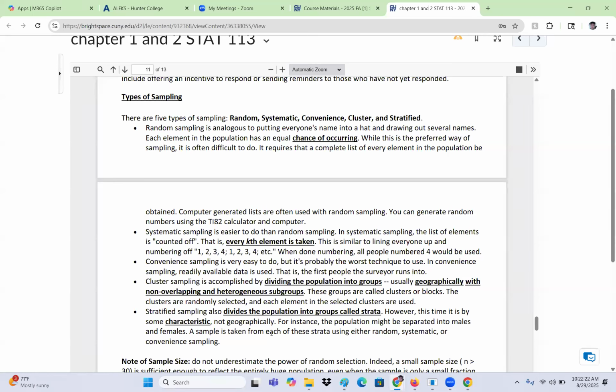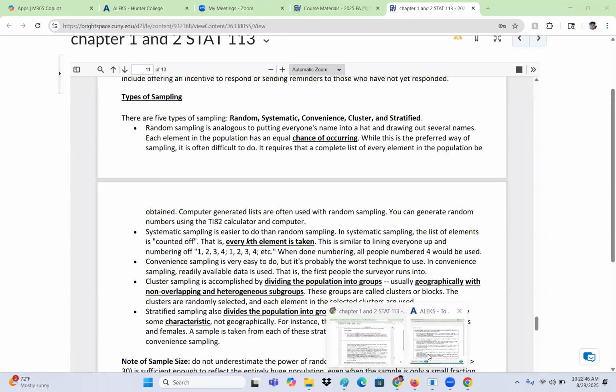So you might want to divide them into different major groups: psychology, sociology, biology, microbiology, or even nursing. In each group, you use the random sampling method to pick one person. I think that's a better way of doing it.